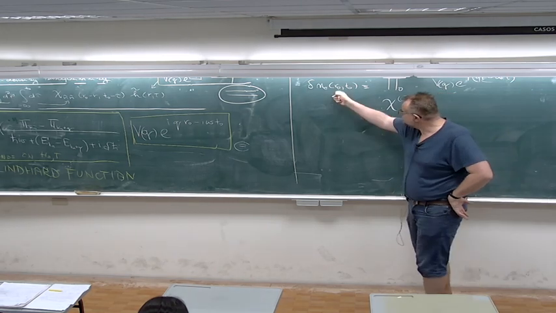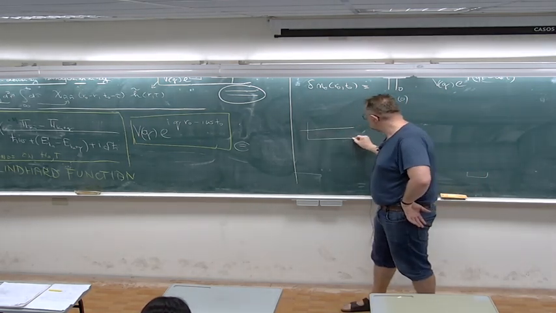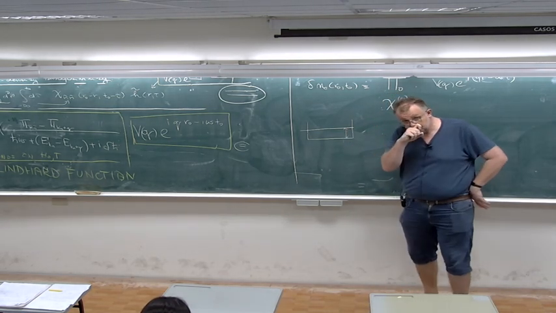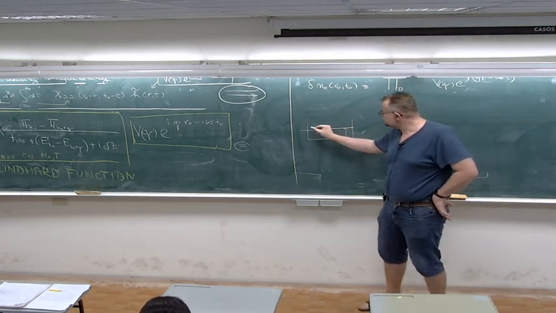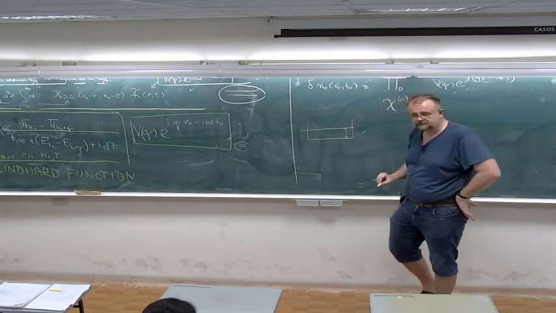So what does this quantity tell me? Before the perturbation, I had a constant electron density in my system, right? During the perturbation, my electrons are doing something. They are changing.